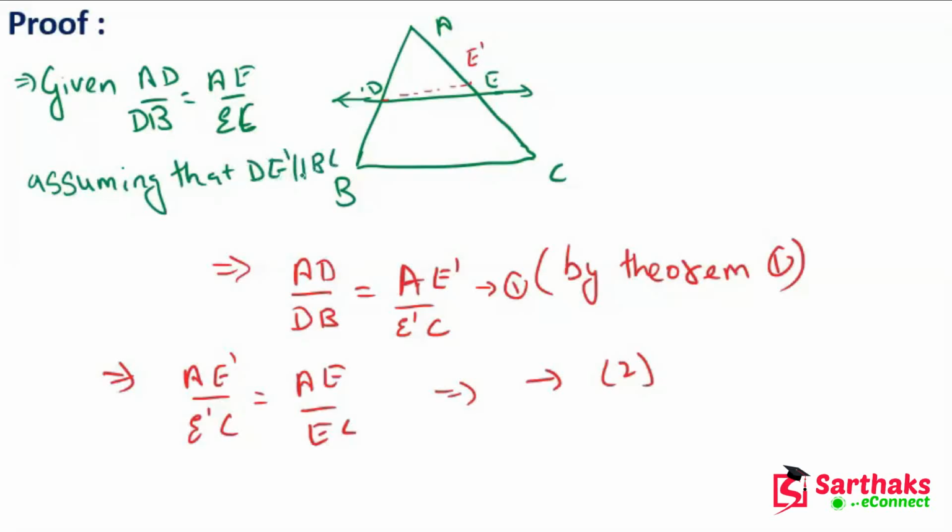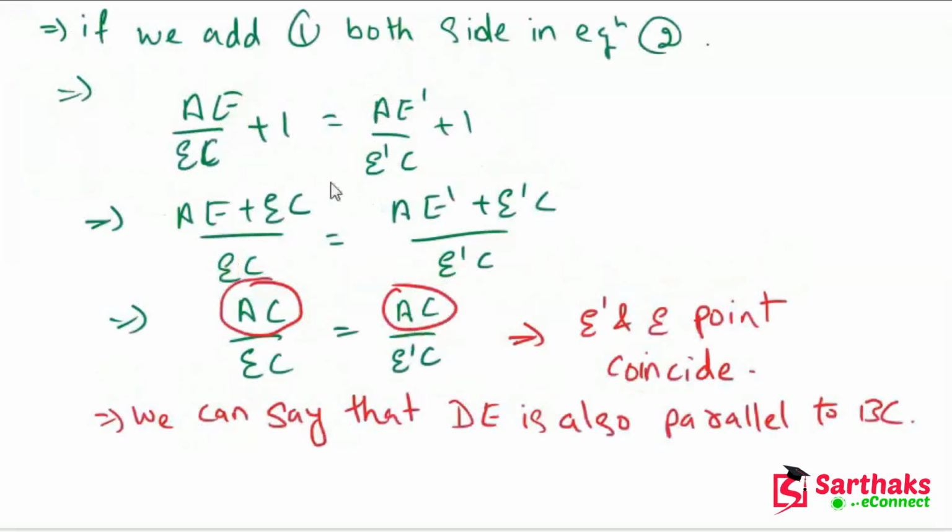If DE dash is parallel to BC, then DE is also parallel to BC. So we can say DE is parallel to BC, and we can write here hence proved. I hope you understand the proof of this theorem.